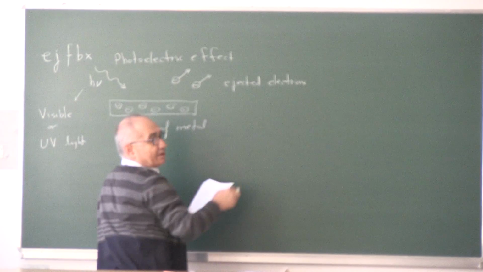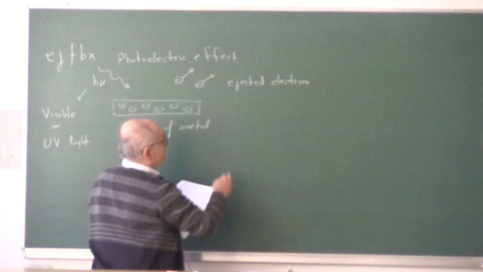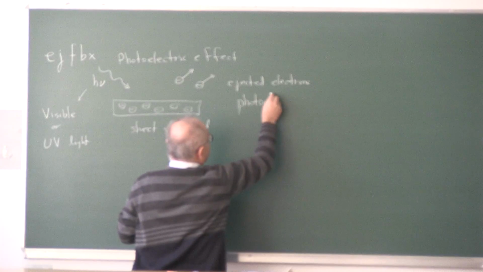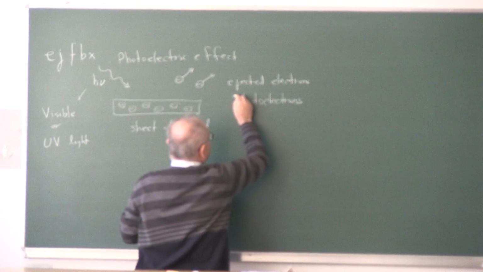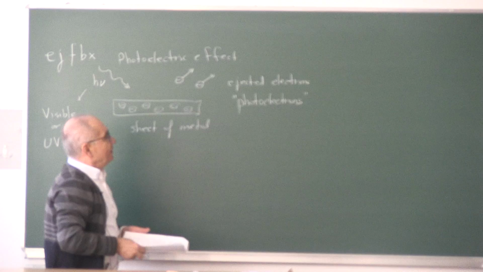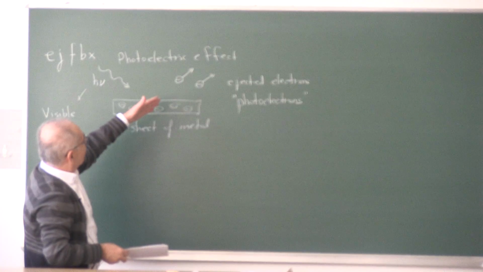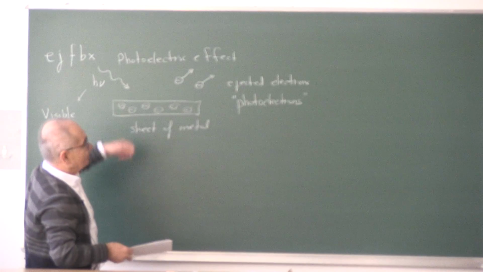The ejected electrons in this experiment are called photoelectrons. Obviously, the name comes from the fact that these are ejected electrons as a result of shining by some light.